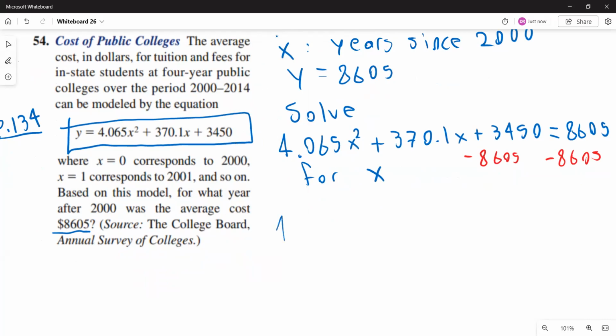Okay, so we have 4.065 x squared plus 370.1 x minus, 3450 minus 8605 is 5155. And we have no choice but to use the quadratic formula.